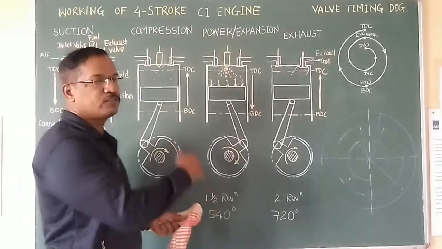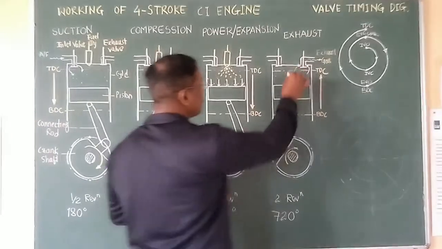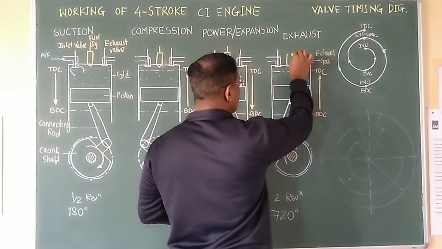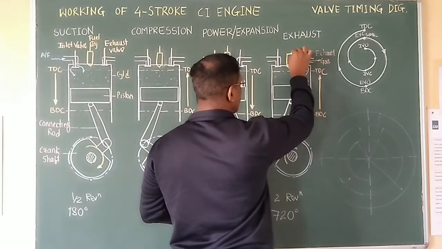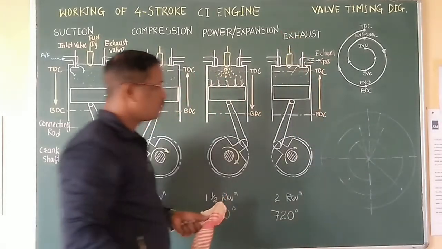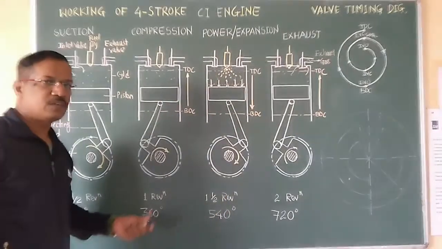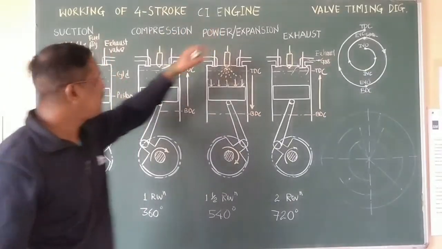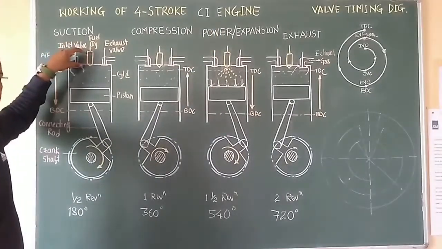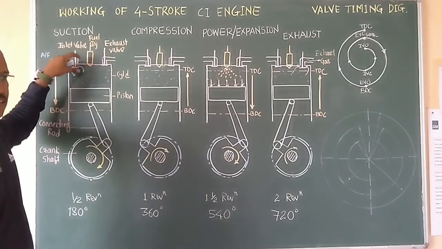So this will be the actuation of the fuel injector. Now the same diagram becomes the 4-stroke CI engine. We are just replacing the spark plug by a fuel injector.